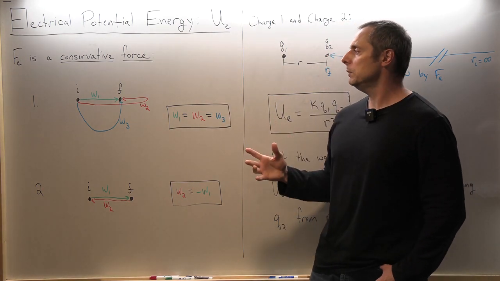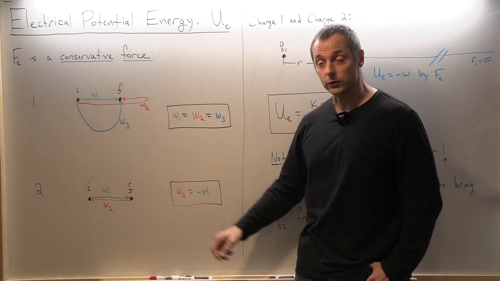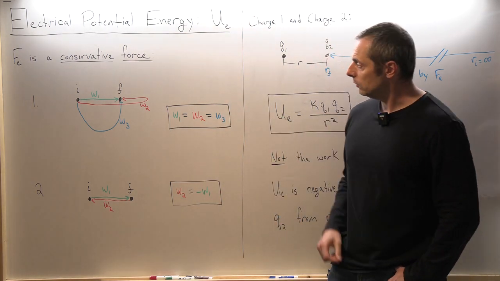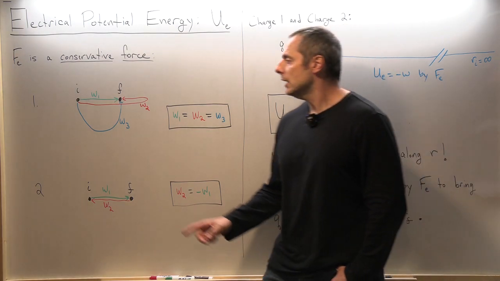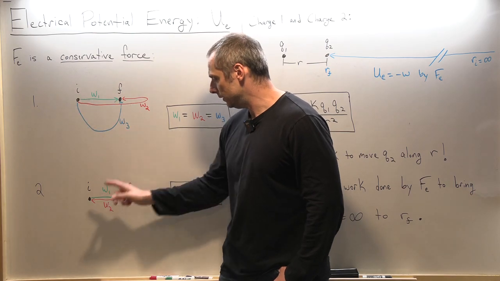I'm going to explain what that means, but I'll pause the video to give you an opportunity to jot this first portion of the board down. Okay, so a conservative force. Let's suppose I'm moving an object from one point to another, initial to final.